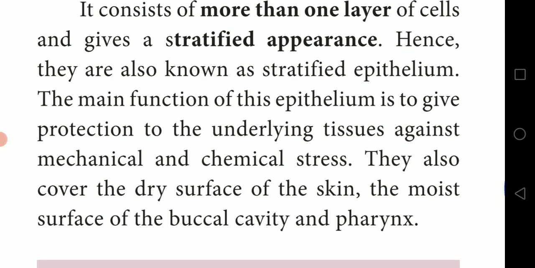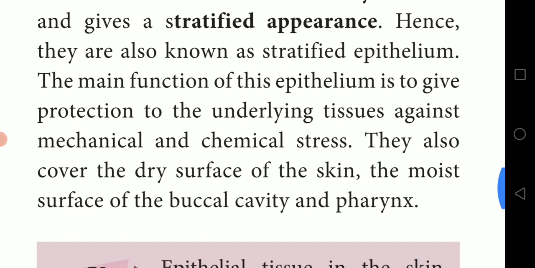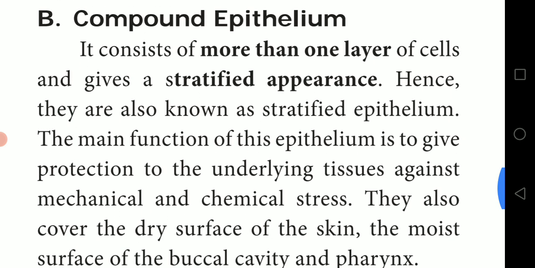They also cover the dry surface of the skin, and the moist surface of the buccal cavity and pharynx. Moist means wet: the mouth always seems to be wet, and the pharynx is also wet.